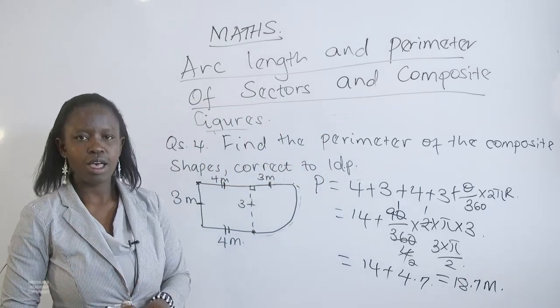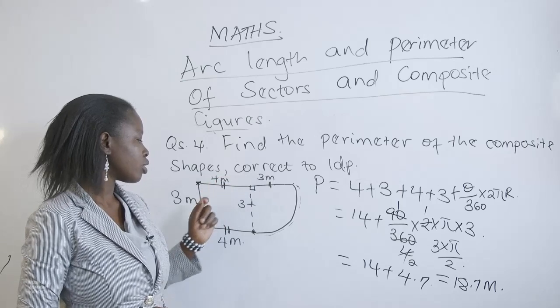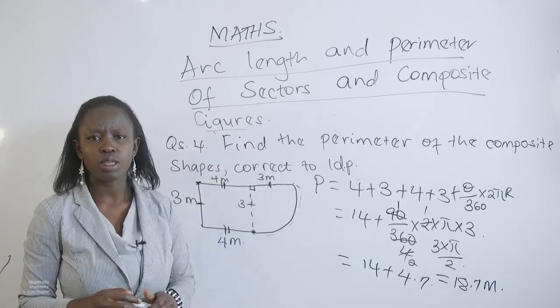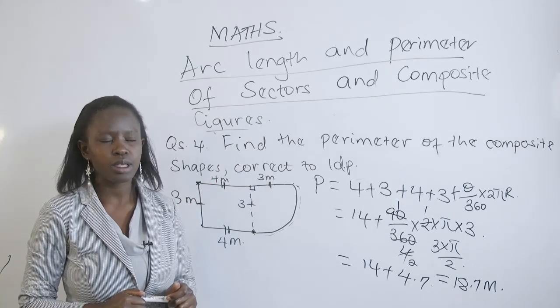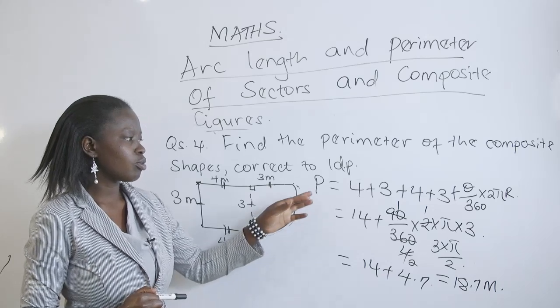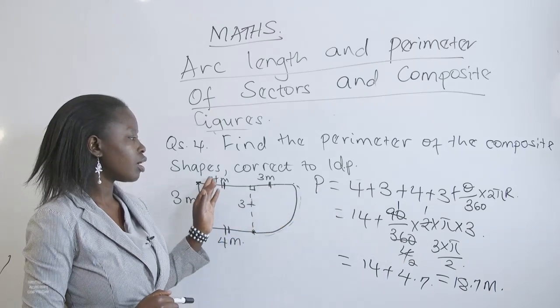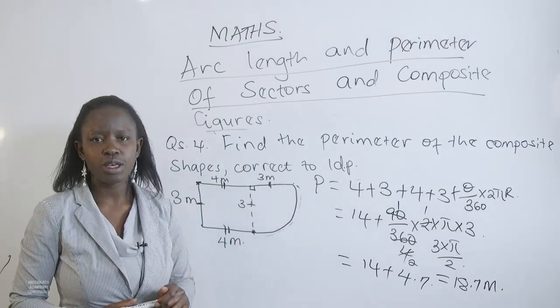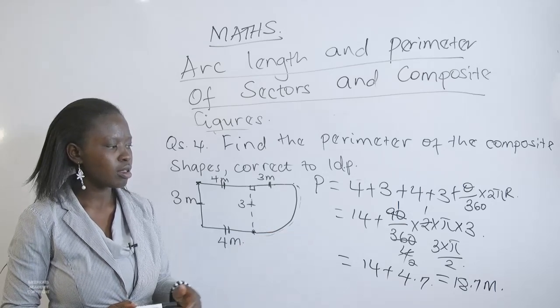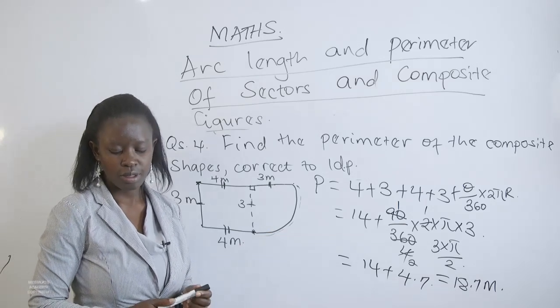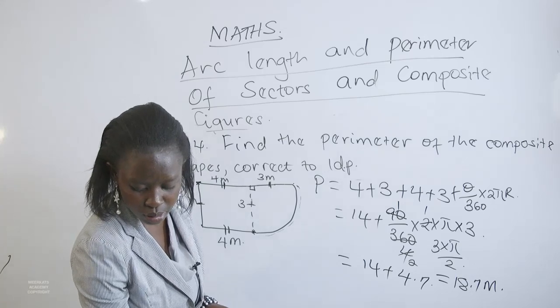Our units are meters, because whatever measurements we've been given on our diagram are in meters. So that means the perimeter of this given figure that we have is 18.7 meters.